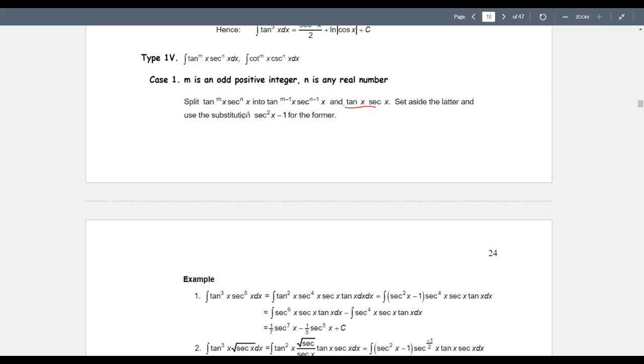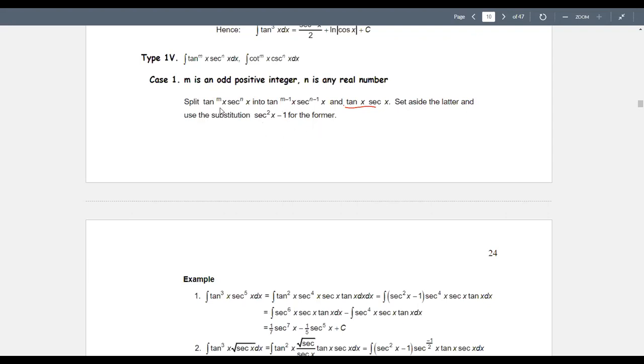And use the substitution secant squared x minus 1 for the former. What does this mean? Your tangent here, you convert to its equivalent identity, secant squared x minus 1. If you're given a cotangent function, convert it into the cosecant squared x minus 1.